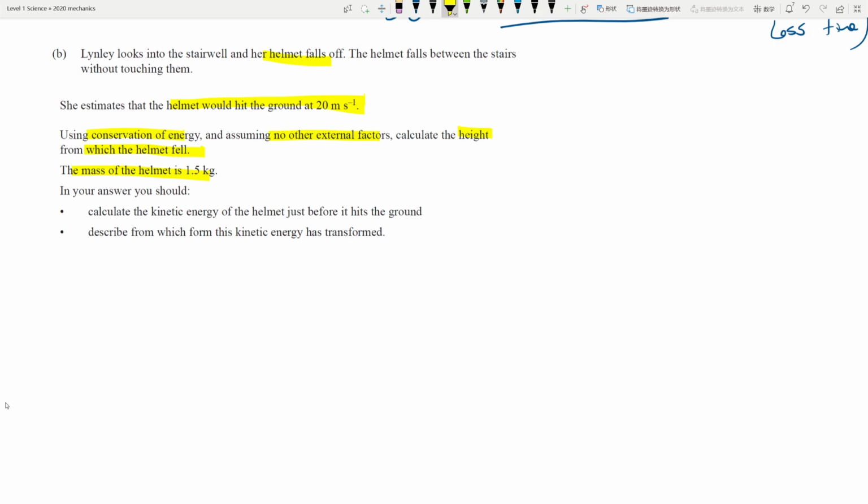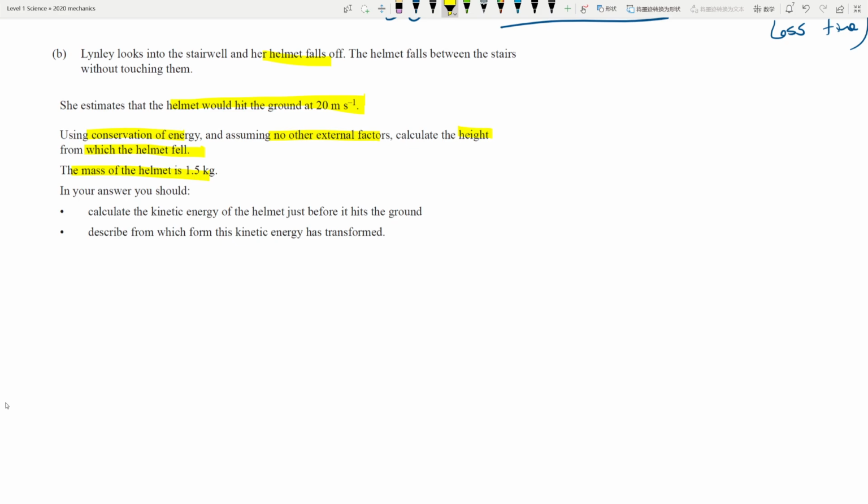By holding the pen at a particular height, your pen has gained a certain amount of gravitational potential energy, and when you let go, that gravitational potential energy is transformed into kinetic energy.